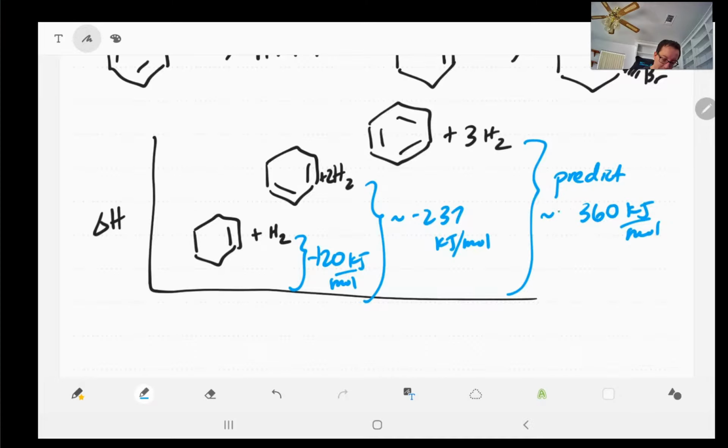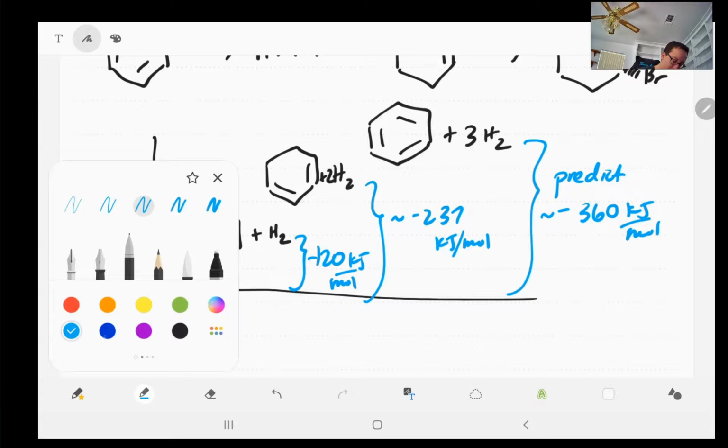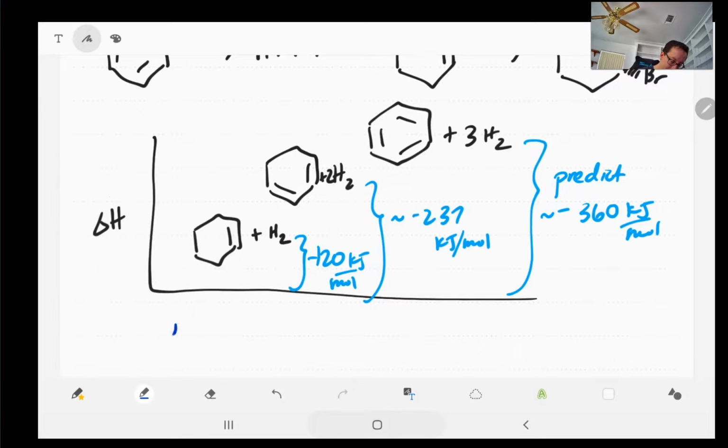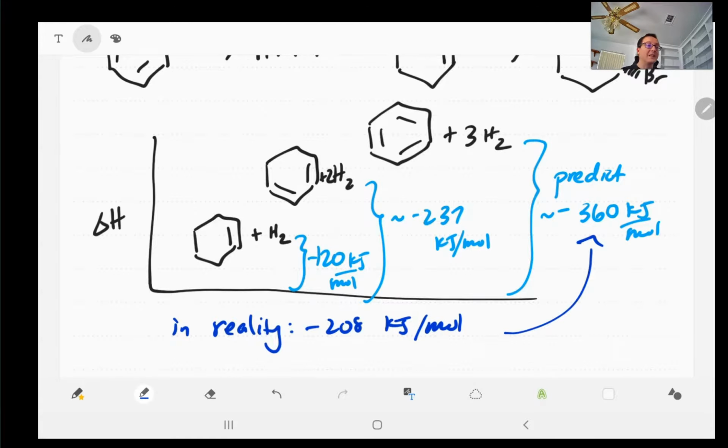But in reality, it actually is about negative 208 kilojoules per mole to completely reduce our benzene.